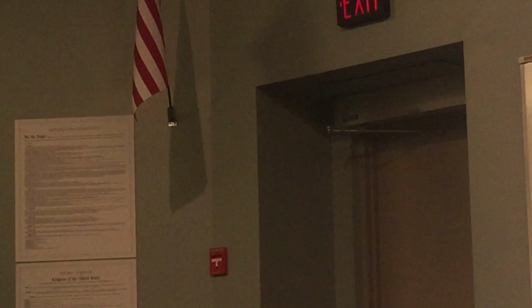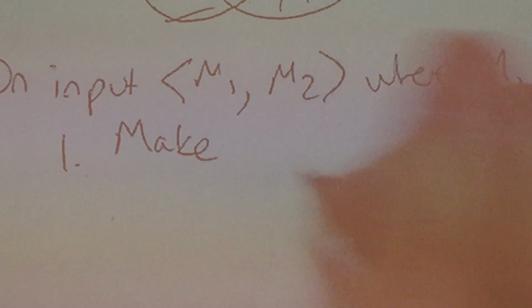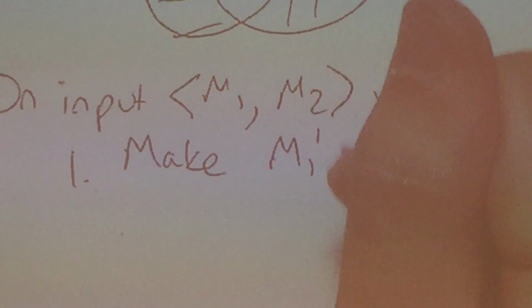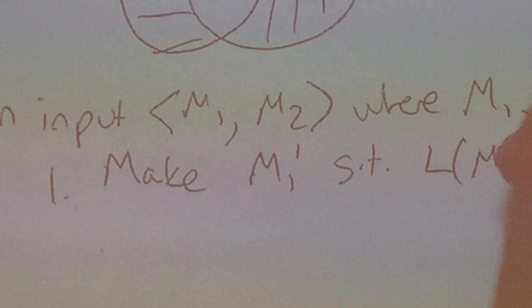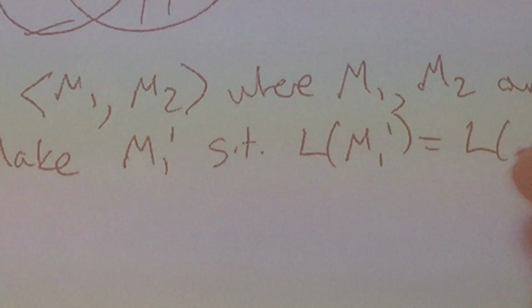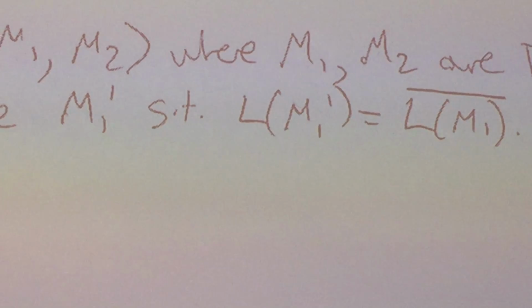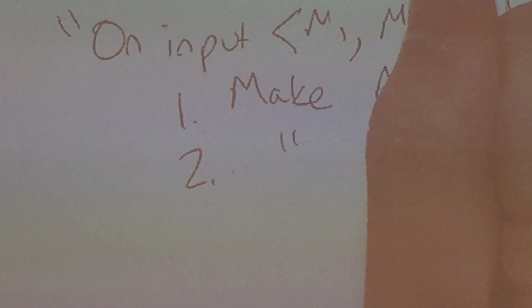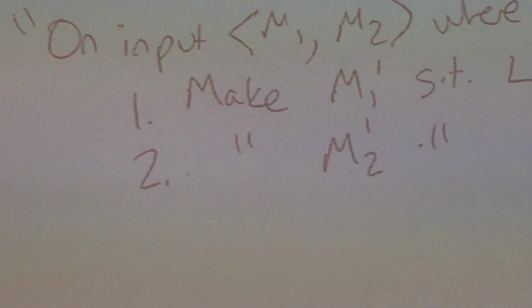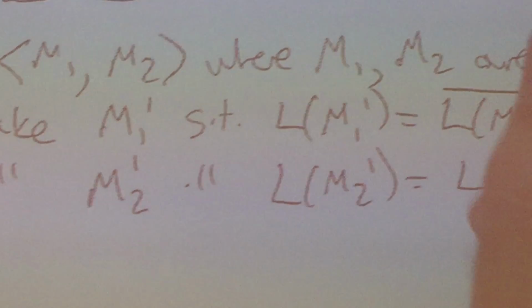So we make M1 prime such that L of M1 prime is the complement of L of M1, which we know how to do, and make M2 prime such that L of M2 prime is the complement of L of M2.